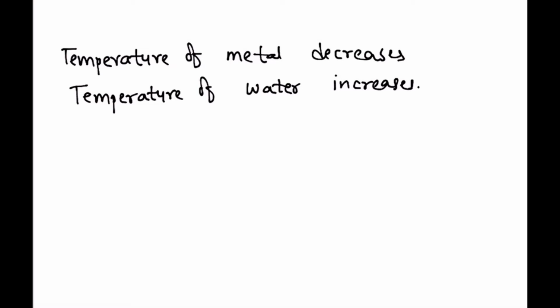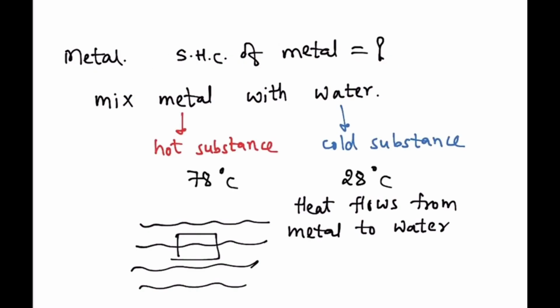Now one more thing here: we know that metal is kept in water, but water cannot be kept in air. Water must be kept in a container. So when the metal loses heat energy to the water, is it possible that whatever heat is lost by the metal is absorbed totally by water only?